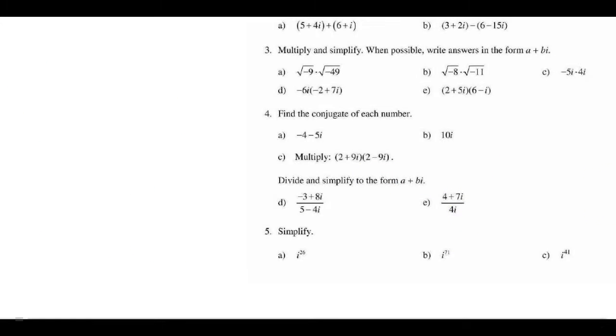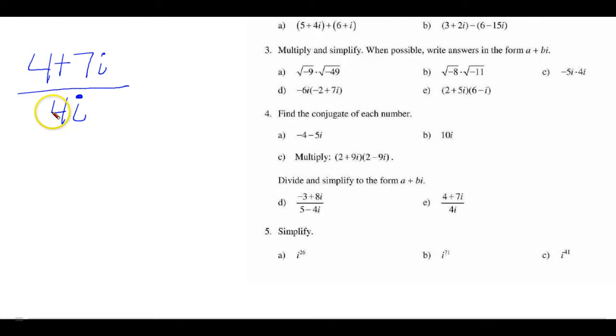We now have another. This looks like it's much easier. 4 plus 7i over 4i. Now we're looking for the conjugate of the denominator.